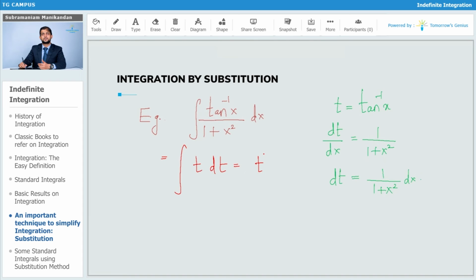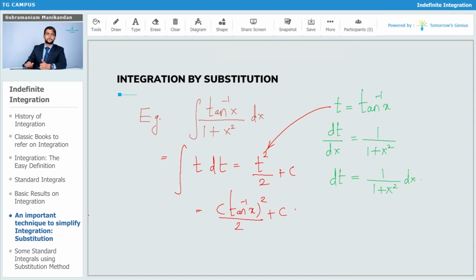So that's t square divided by 2 plus c. But what's t? t is tan inverse x. And so you get tan inverse x squared by 2 plus c. So this is the value of integration of tan inverse x by 1 plus x square with respect to x.